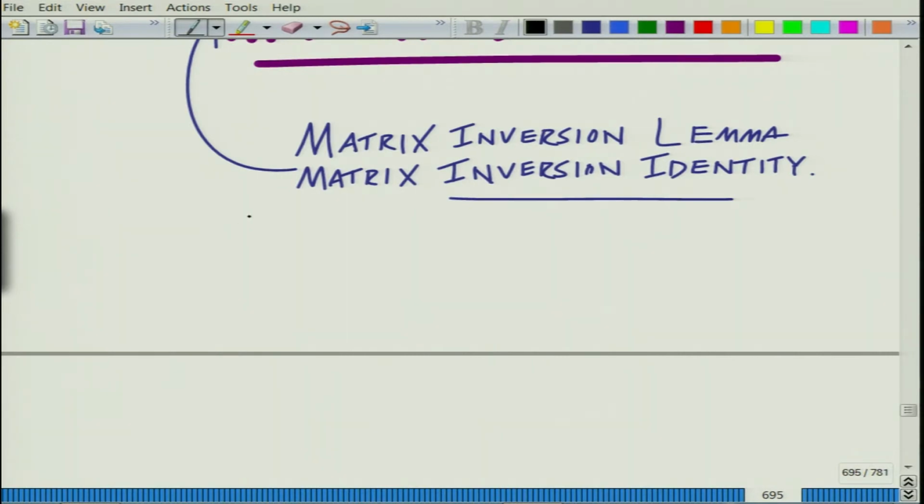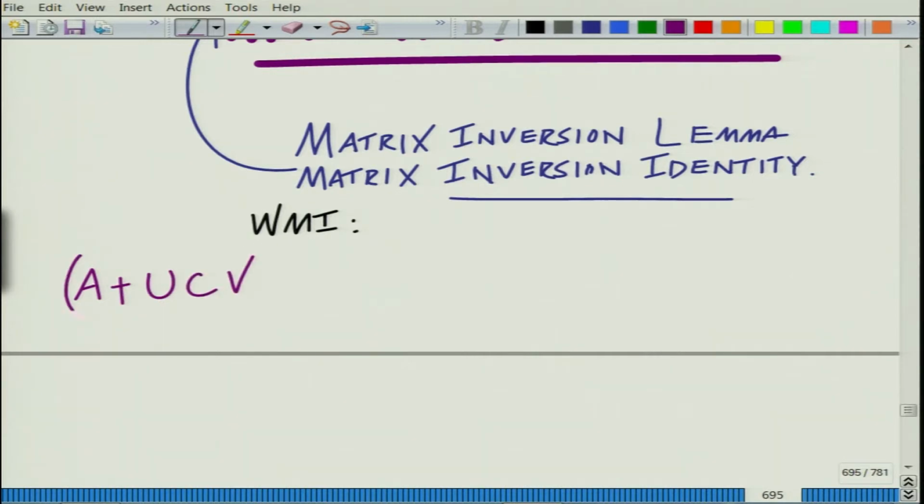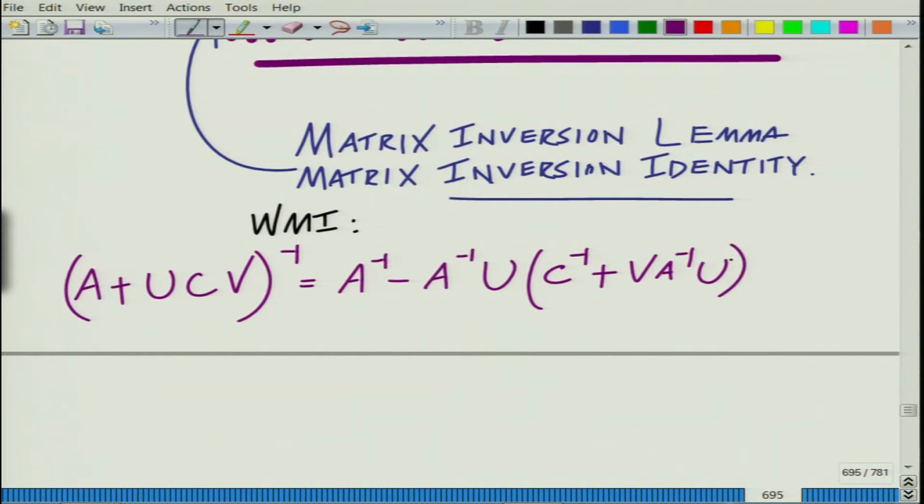So, the Woodbury matrix identity can be stated as: for any compatible matrices, A plus U C V inverse can be evaluated as A inverse minus A inverse U times C inverse plus V A inverse U inverse, times V A inverse.